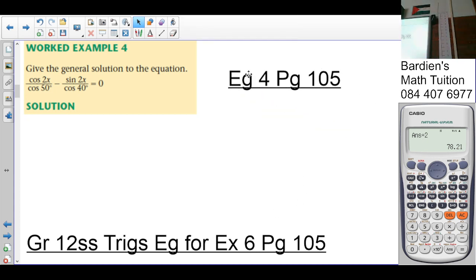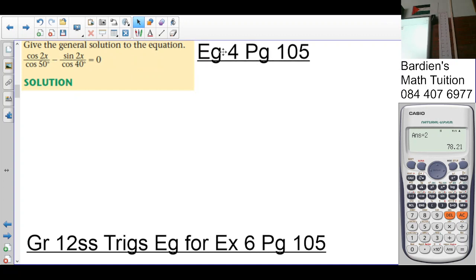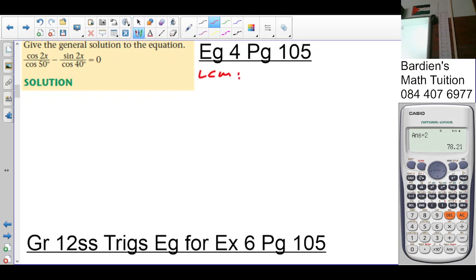Okay. Give the general solution of the equation. So what do we have to do first here? Find the LCM. So what's my LCM here? It's going to be cos 50, cos 40.